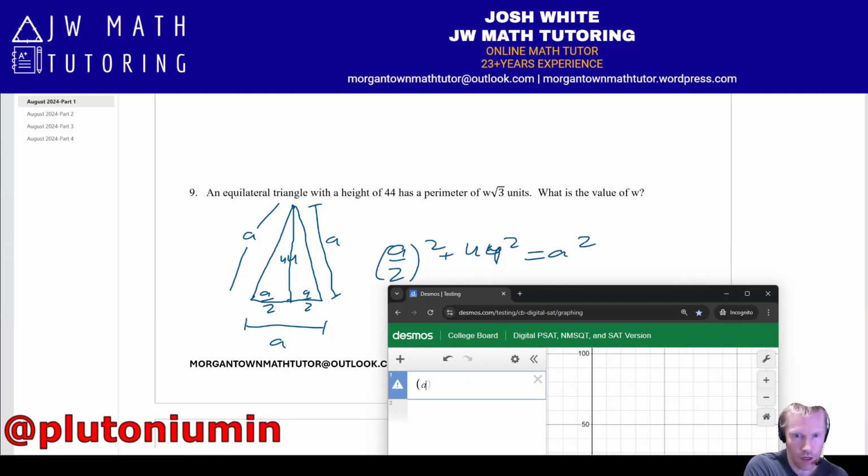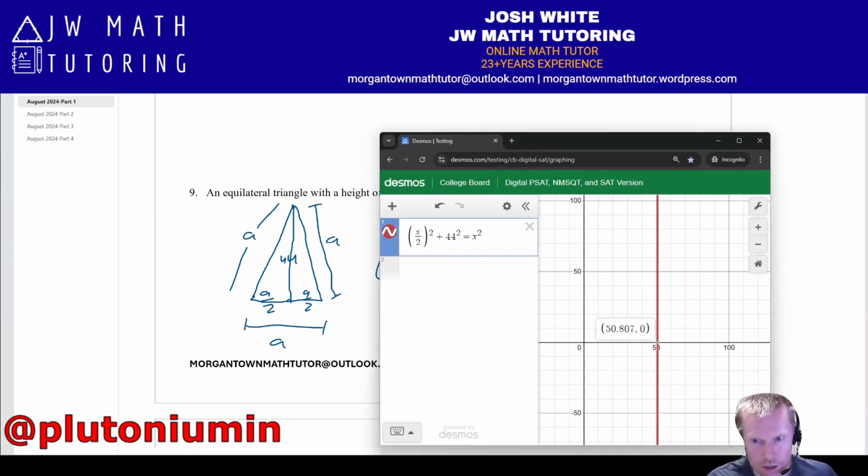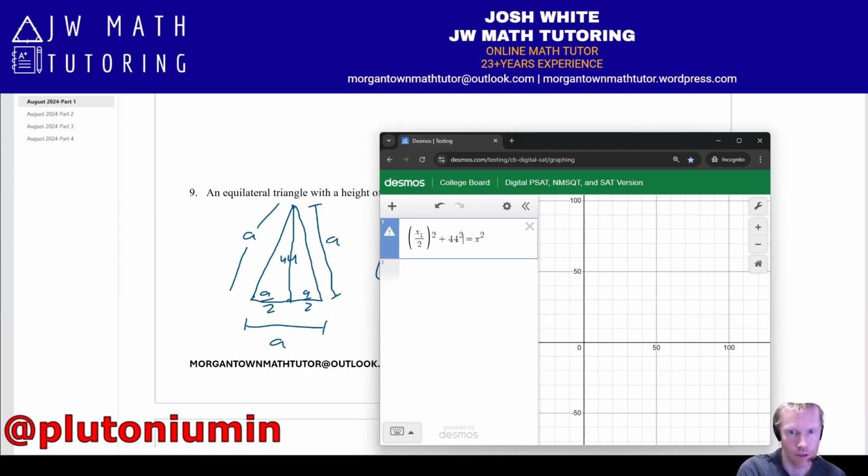So there's 2 ways you could do this. You could type the equation, with the squared, and you could get this 50.807, or you could also put x1 and then technically make it a regression.